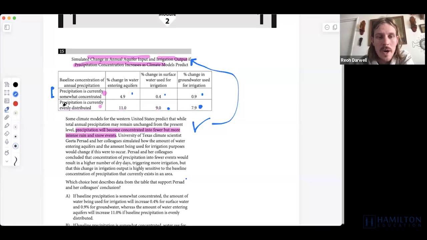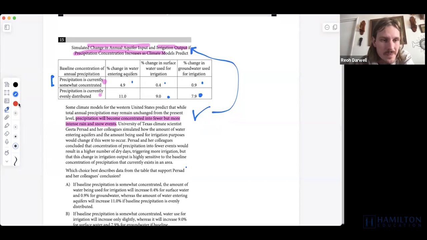So places where it is currently evenly distributed, getting more concentration of precipitation, meaning it happens less over a consistent span of time, but happens in more concentrated bursts of extreme precipitation, have a greater increase in water use needs, right?